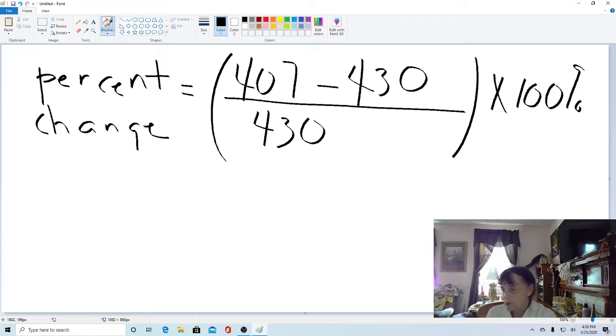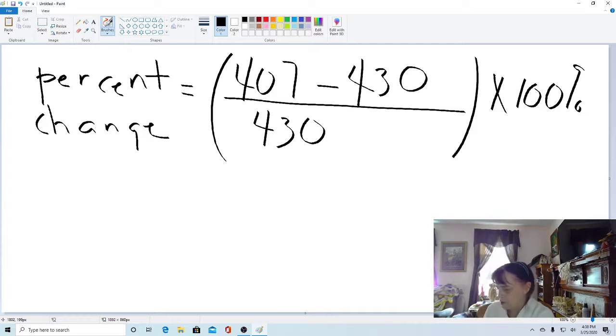Okay, now you subtract 430 from 407. Okay, 23. And then you divide that by 430, and you get negative 0.0534.